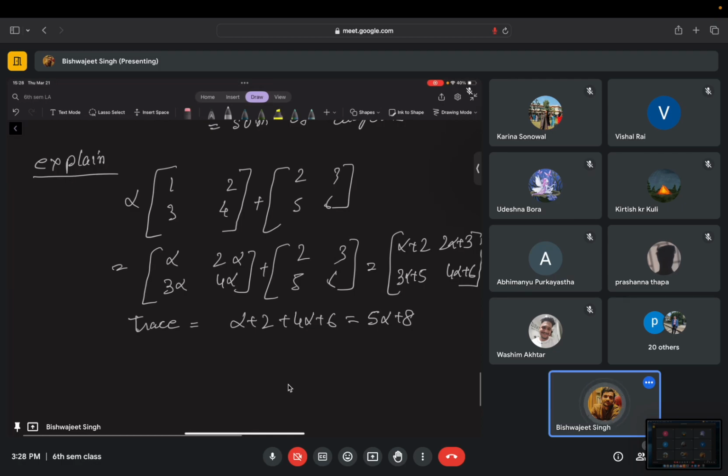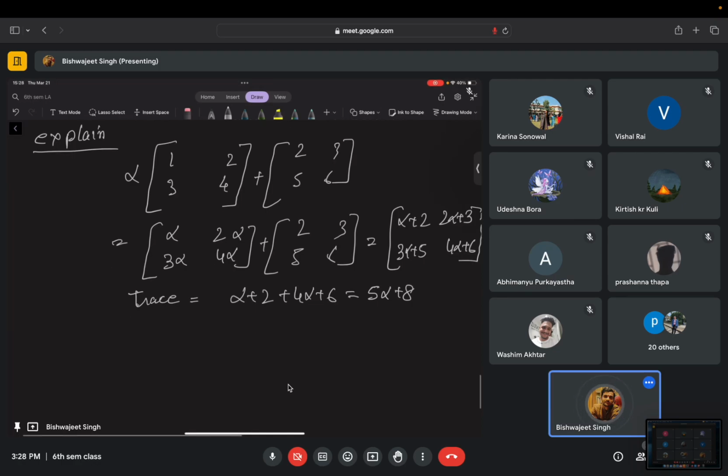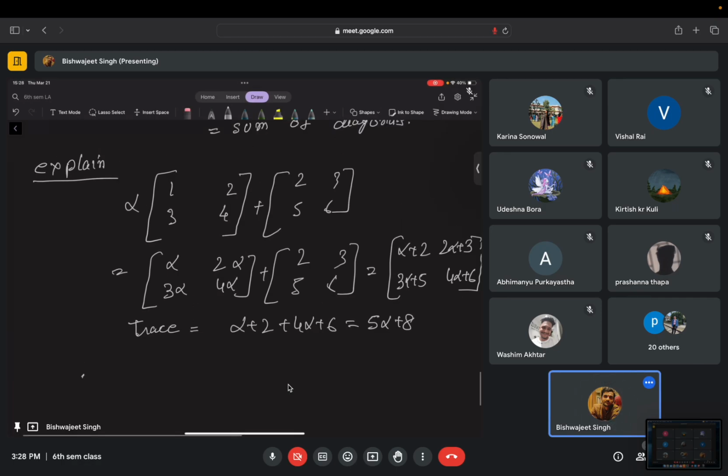Now if I would have taken it separately, let's say this is my function f, right? So what we do is alpha x plus y. This is my x, this is my y.